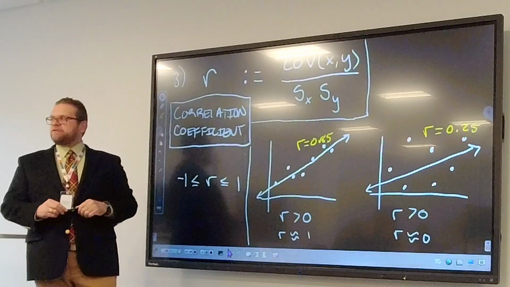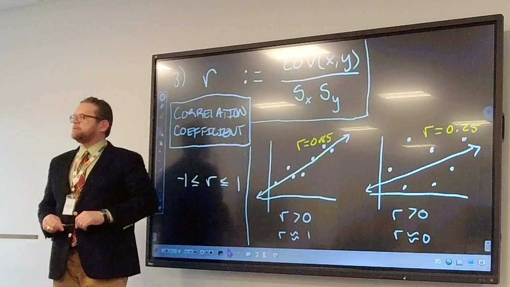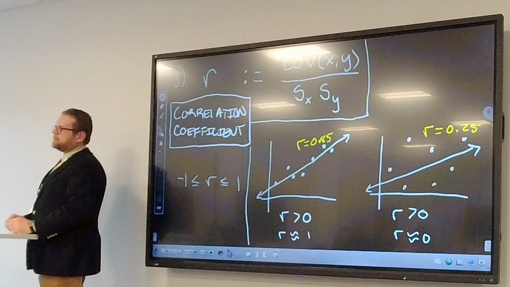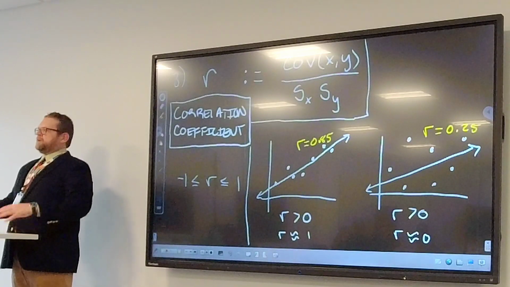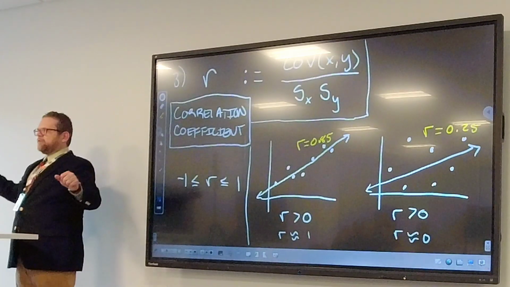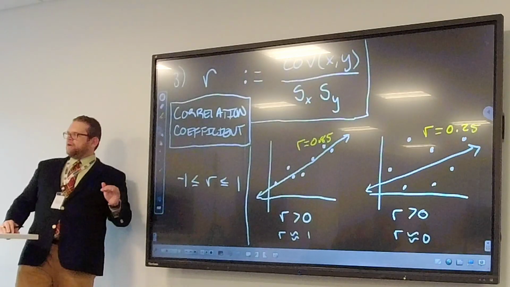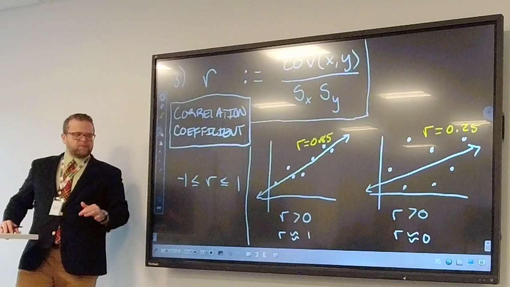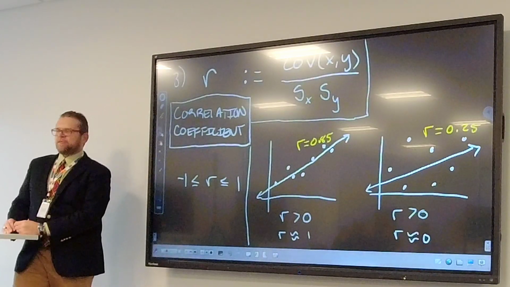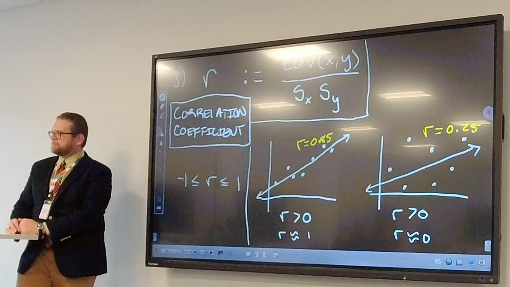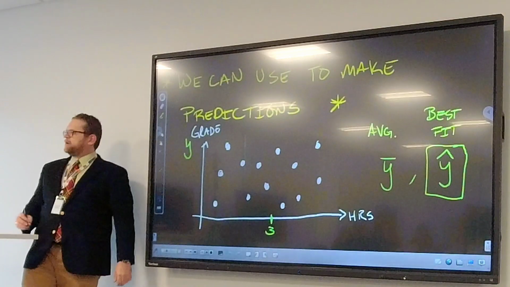So what happens if R is equal to 0? If when it's -1 or +1, the points are right on the line, what's going on at 0? There's always a best fit line. We can always compute a best fit line.